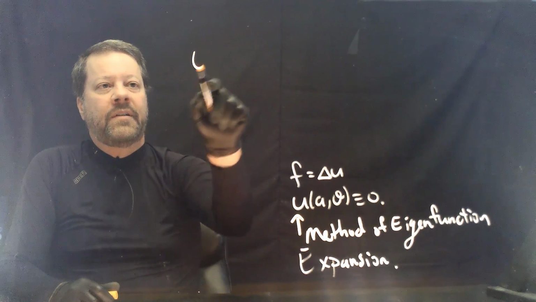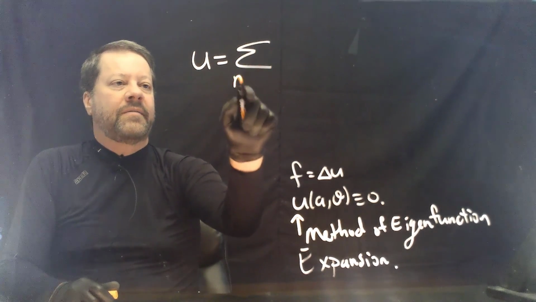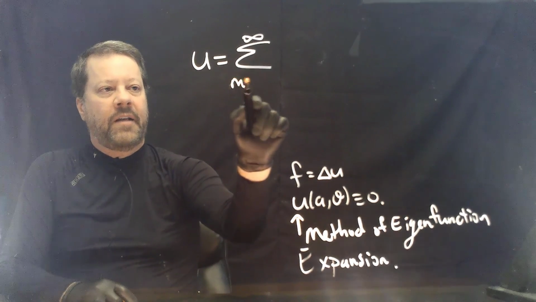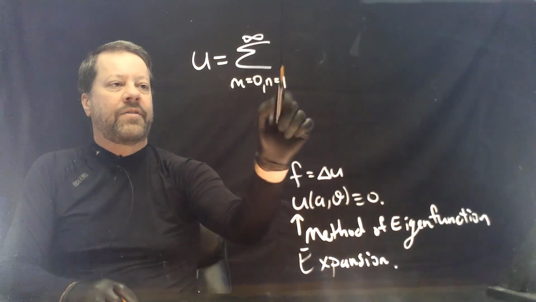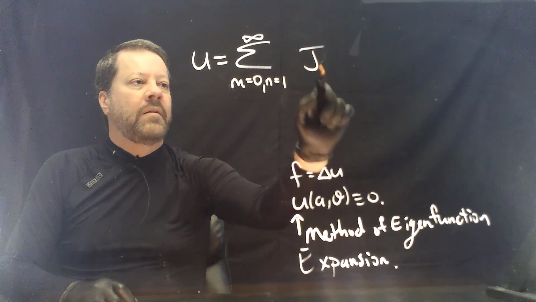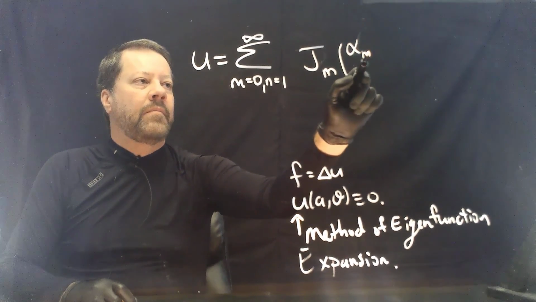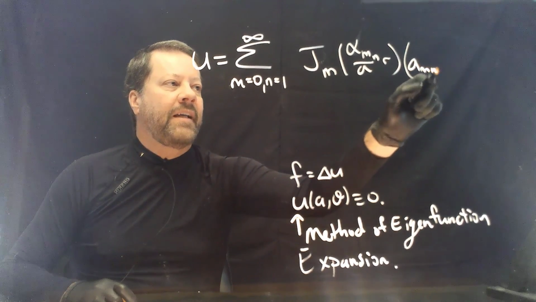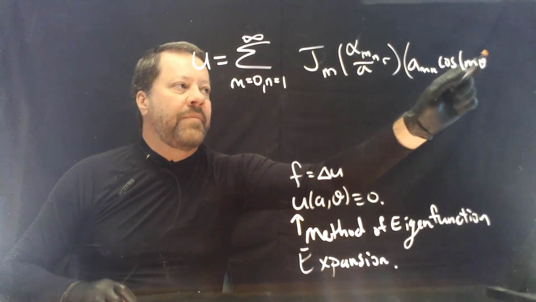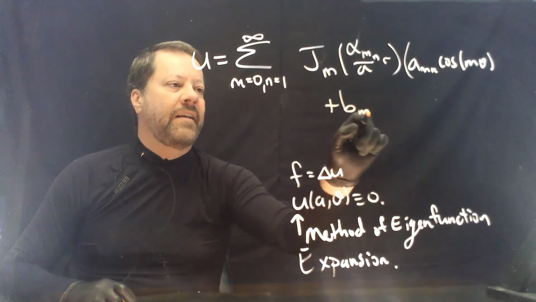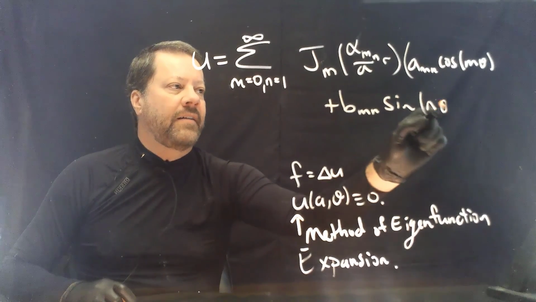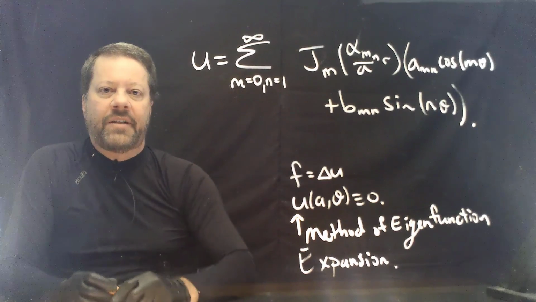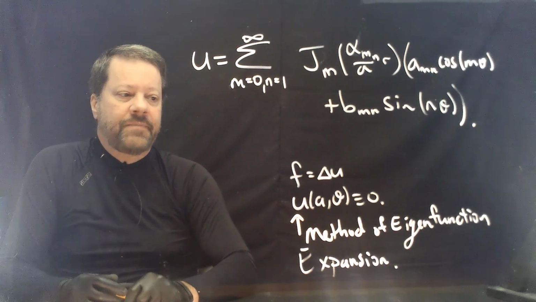We'll assume that u can be expressed as a sum where m goes from 0, n goes from 1, in the form a_mn cosine of m theta plus b_mn sine of m theta, as a linear combination of these eigenvectors.